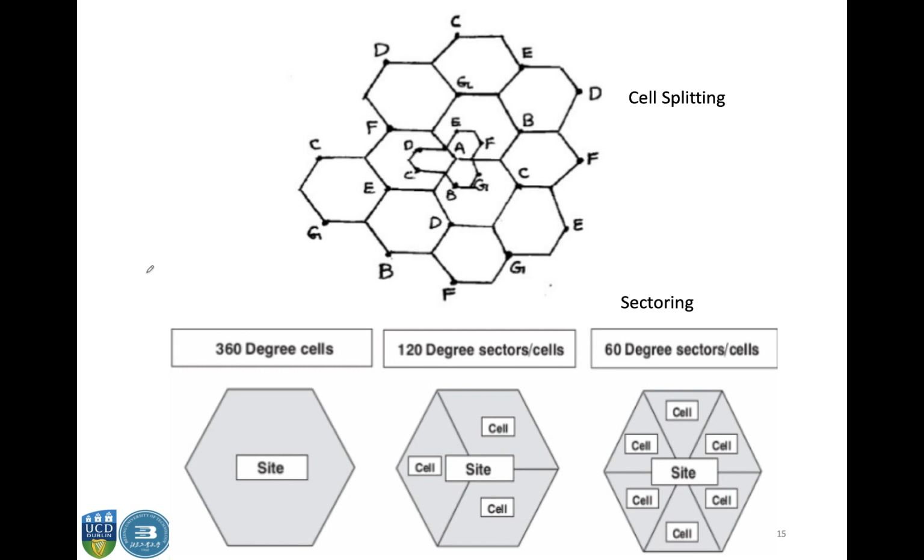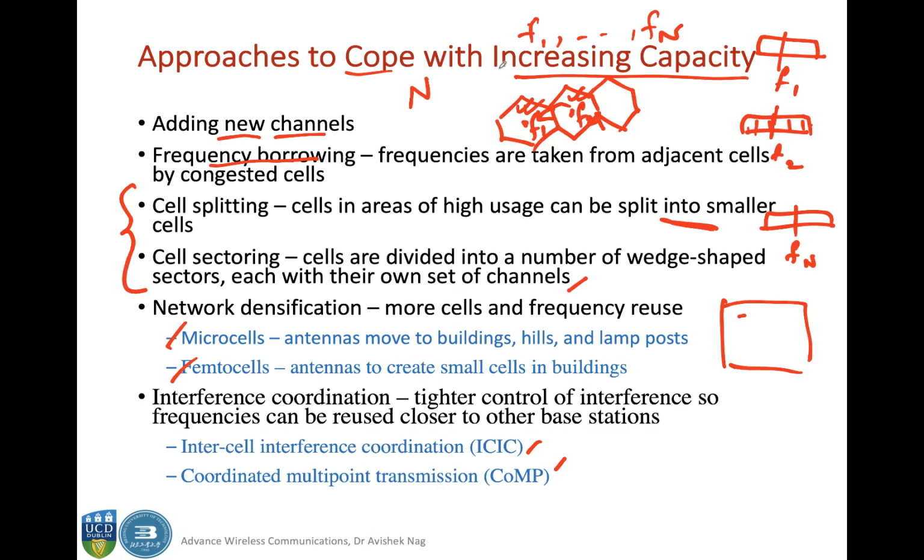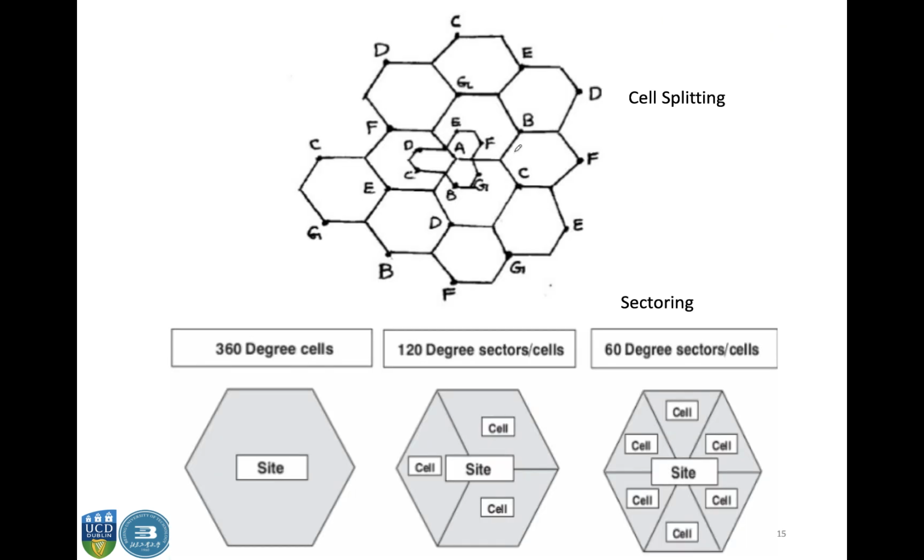So this is cell splitting. You can split a cell into multiple areas. Cells in areas of high usage can be split into smaller cells. So that's what is happening. These larger cells can be split into smaller cells like this, and then each of these smaller cells can use a different set of frequencies.